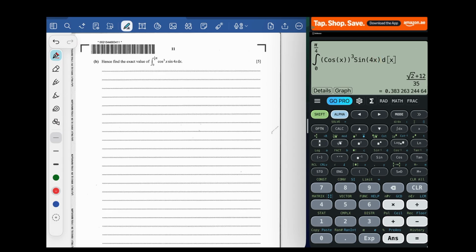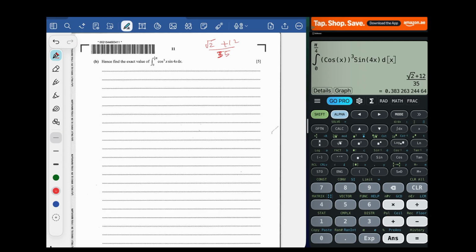So this is what we should get. So just remember this answer, root 2 plus 12 over 35. Even if your calculator does not give you surds, you should get a decimal.